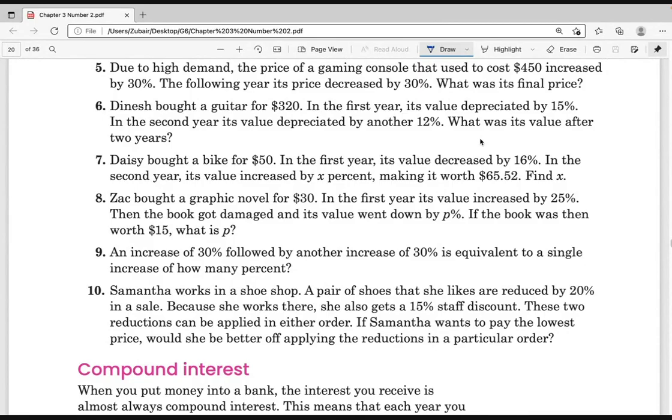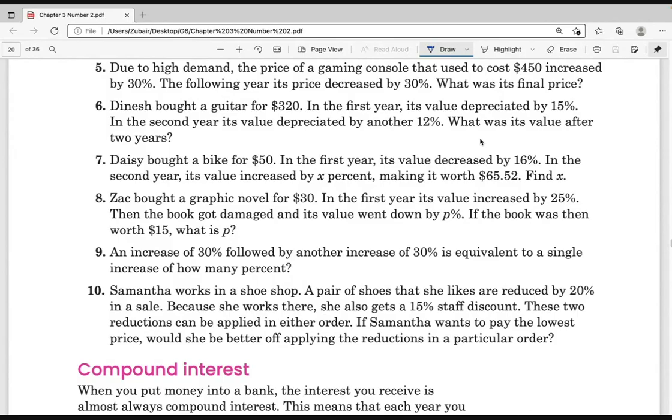The price of a gaming console is increased due to high demand. Let me quickly check it. So it increases by 30% and then decreases by 30%. First it increases, then decreases. No, that's not 450.